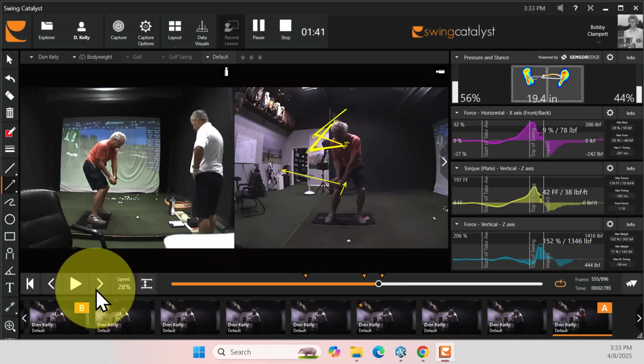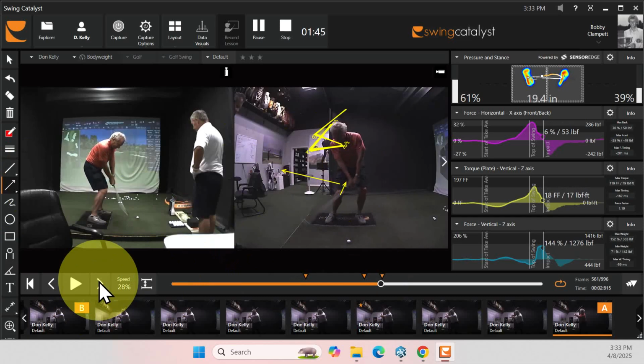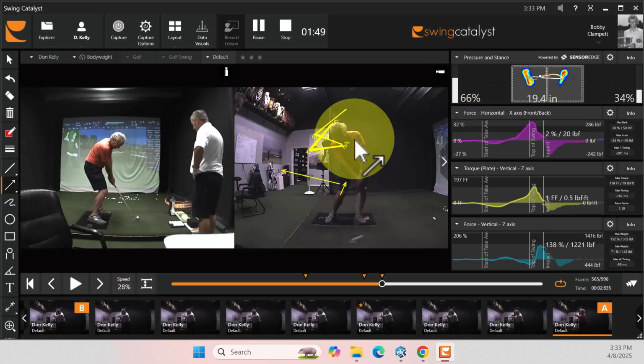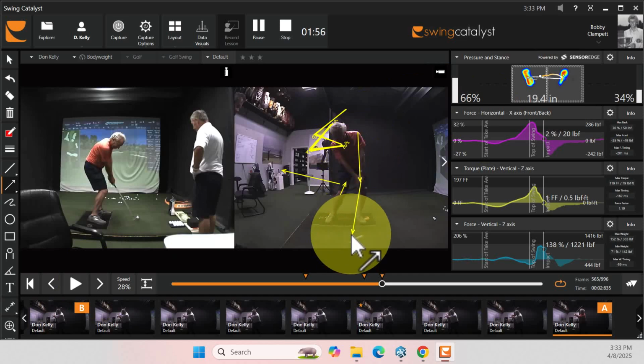That's good quality of lag as well as quantity, and that transitions now into better quality at impact, which gives me this left arm to grip to club shaft forward shaft lean.